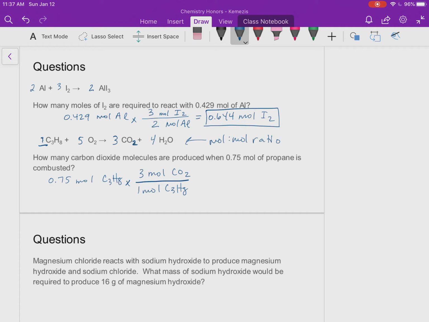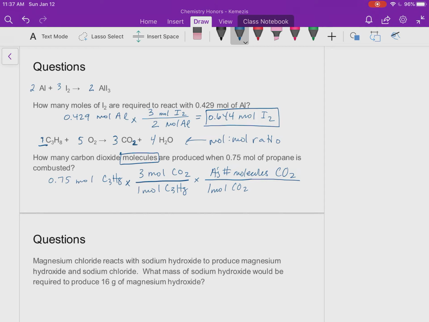And this doesn't answer the question because I'm not interested in how many moles of CO2, but I'm interested in how many molecules. And remember, we have a conversion that tells us for every 1 mole of CO2, there's Avogadro's number of molecules of CO2. Okay.